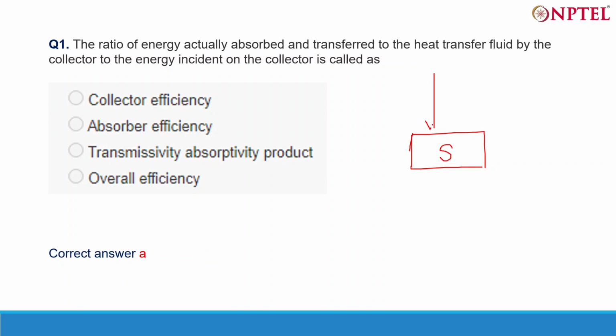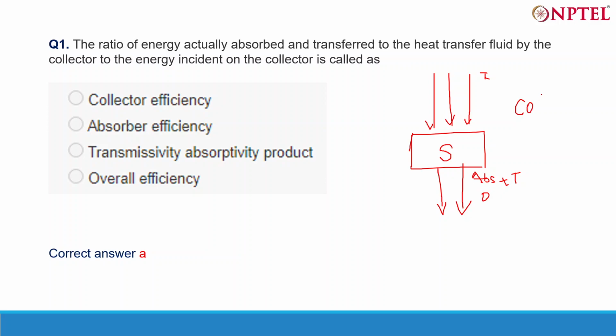It has some energy from the sun incident on it, and it will give some energy. So input, output. What is it saying? The ratio of energy actually absorbed and transferred to the heat transfer fluid by the collector, that is, the energy output in the form of absorbed plus transferred to the heat transfer fluid, to the energy incident on the collector is called the collector efficiency.